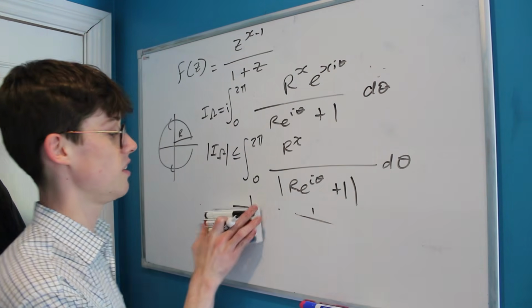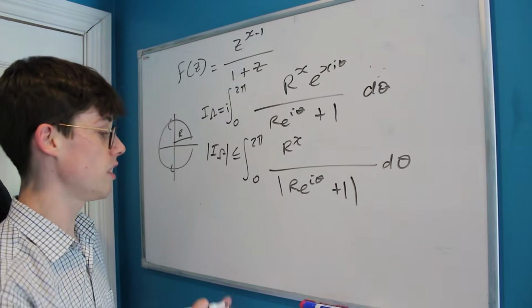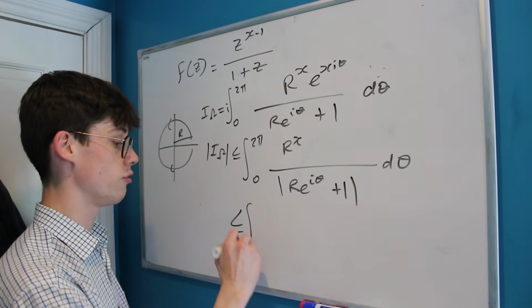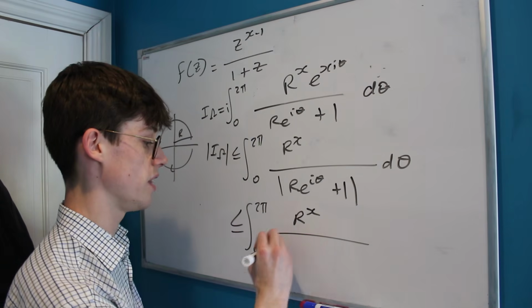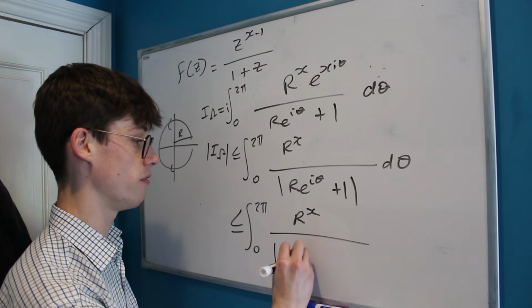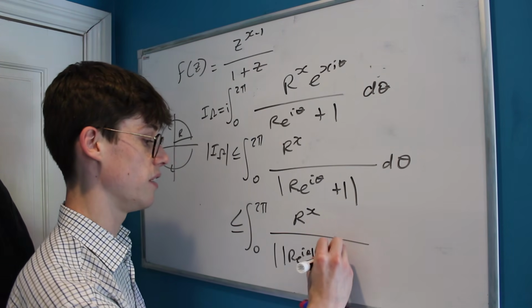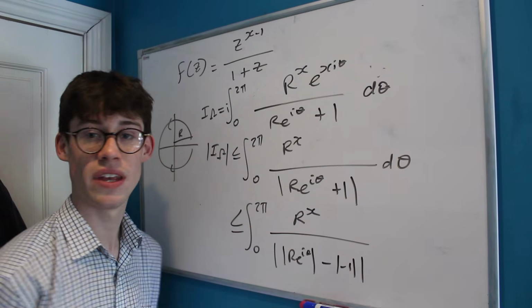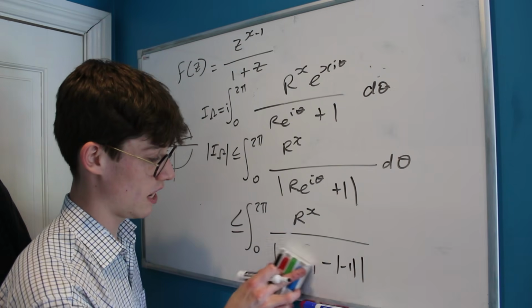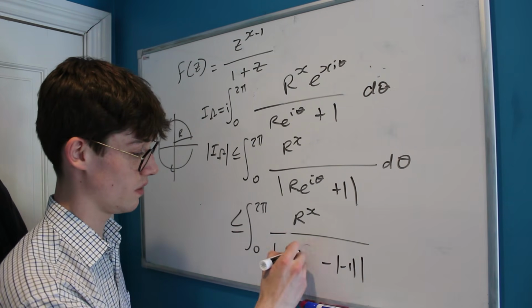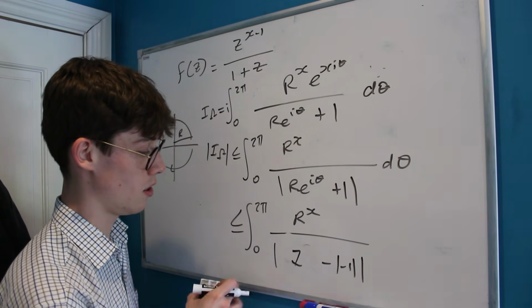And what does that tell me? Well, it tells me that this integral that I've written out must be less than or equal to the integral from 0 to 2 pi of r to the x divided by the absolute value of r e to the i theta minus the absolute value of -1. And this has a lot of simplification we can do. The absolute value of e to the i theta, as we've already said, is 1, so we can just take that as r.